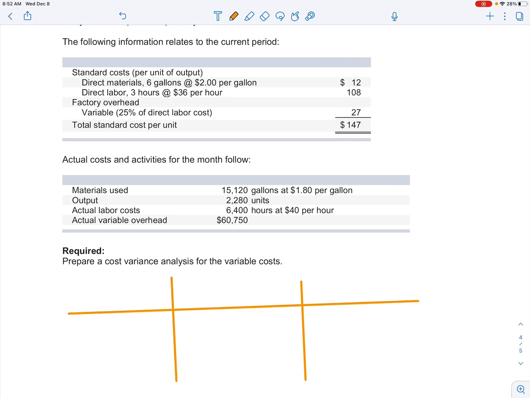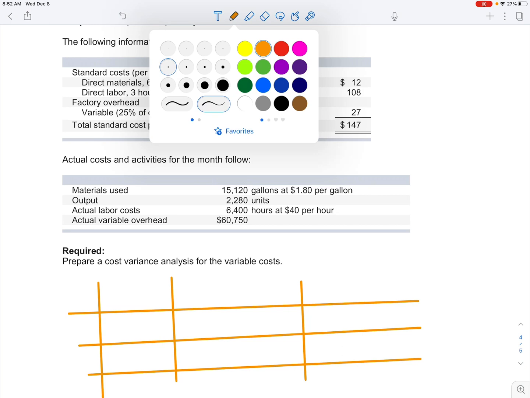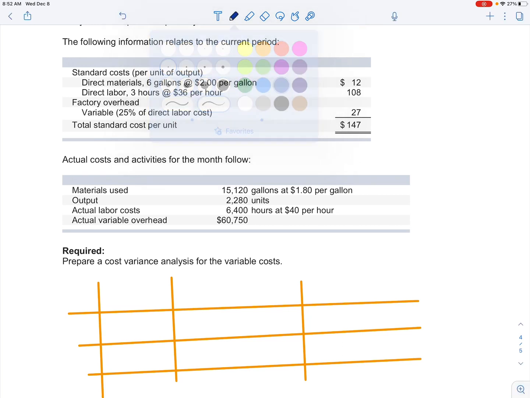As you can see, I cannot draw a straight line. So that when I'm doing these problems, it's going to be a quick, find what I need, put it in the equation, and save me some time. So again, I'm looking for actual quantity, actual price, standard quantity, standard price.